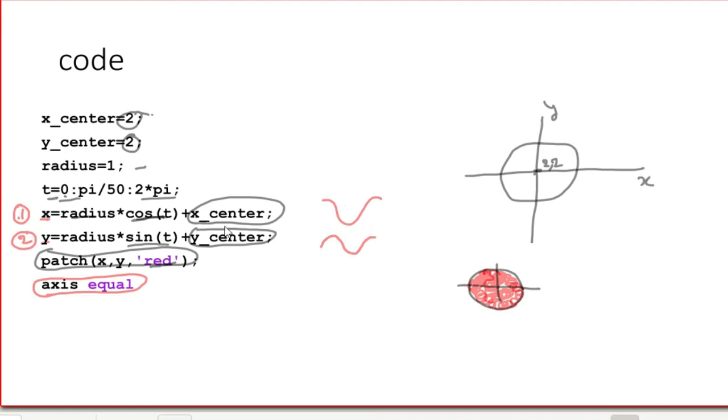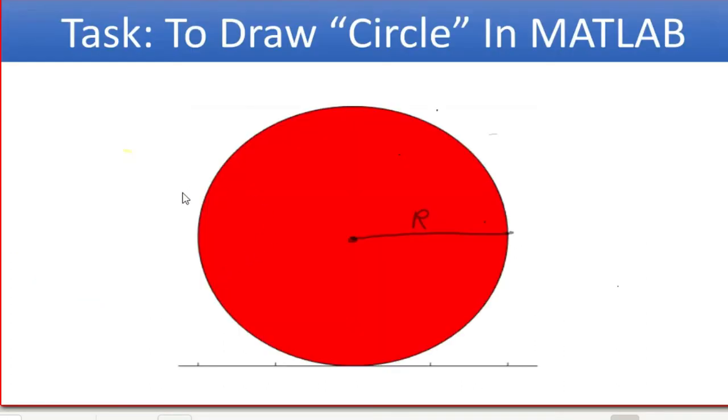But when you combine both of them, it will give a circle. This is the theory behind it, and now I'll take you to the MATLAB window where I will use the same commands, run them, and generate the circle like this.